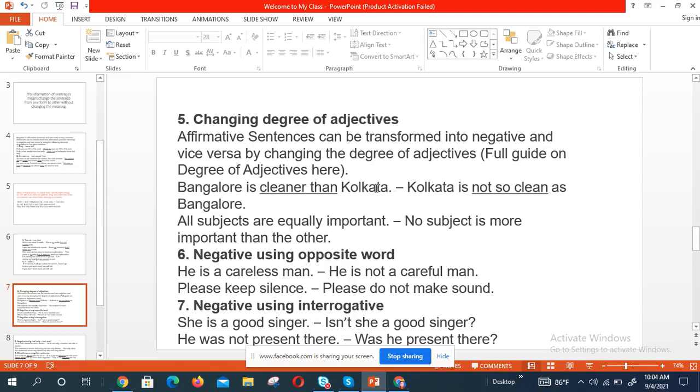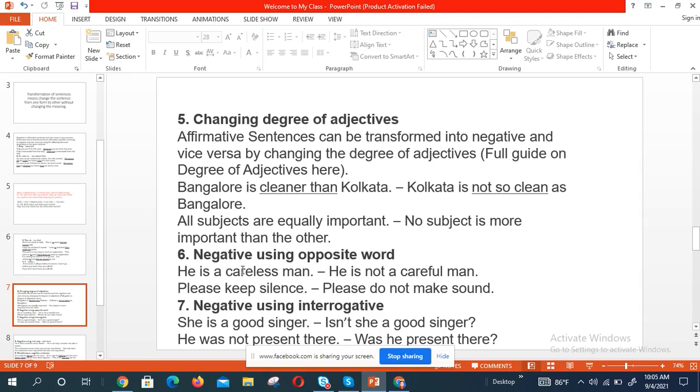If you want to make it a negative sentence, you have to make it a positive degree. Kolkata is not so clean as Bengaluru. All subjects are equally important. No subject is more important than the other. Changing the degree, in this way you can change affirmative to negative or negative to affirmative.